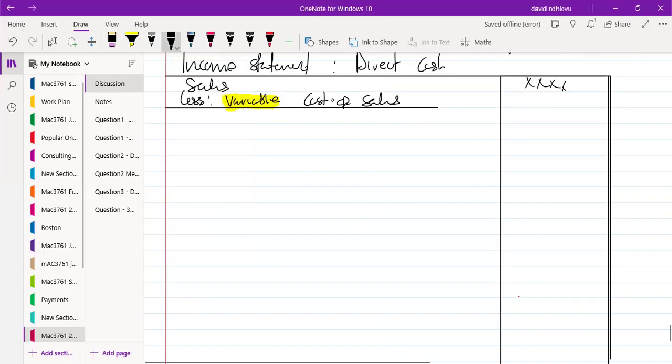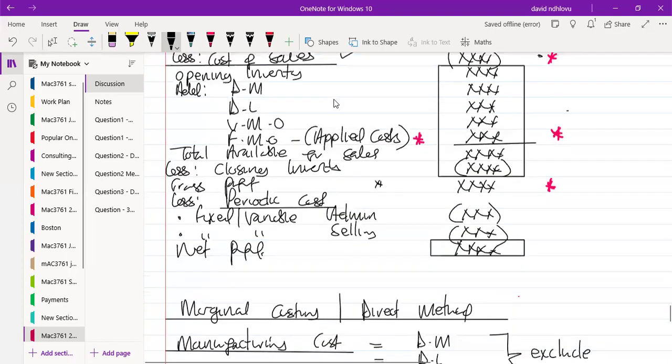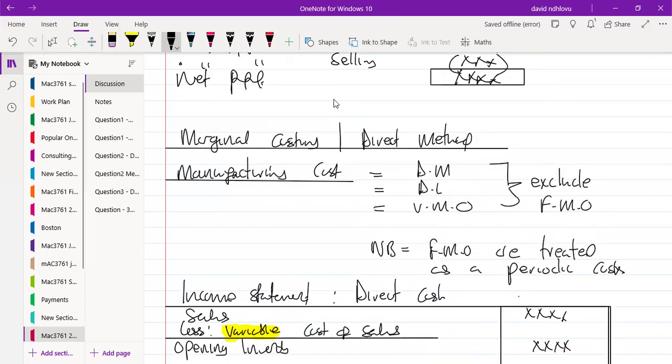Next, when you say opening inventory, and you calculate the value, we will show in the example how to calculate opening. Right, your cost of inventory should never include the fixed cost. Right, you must exclude the fixed costs.